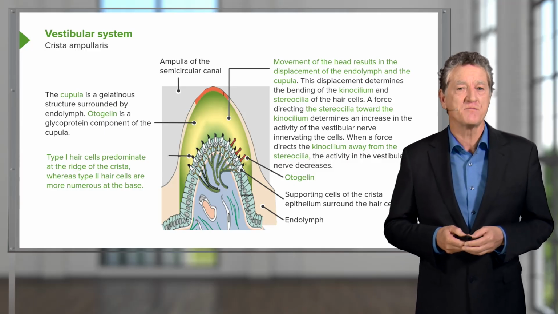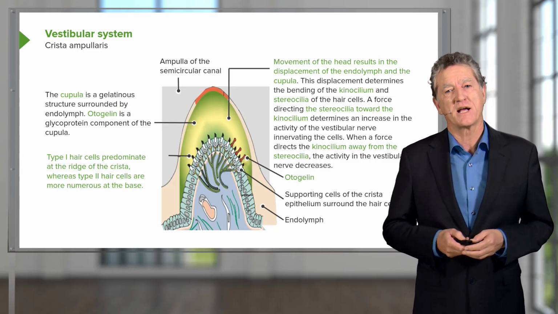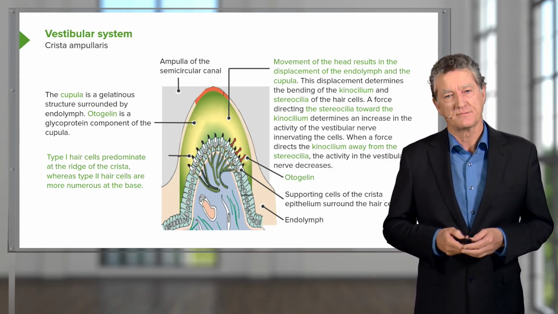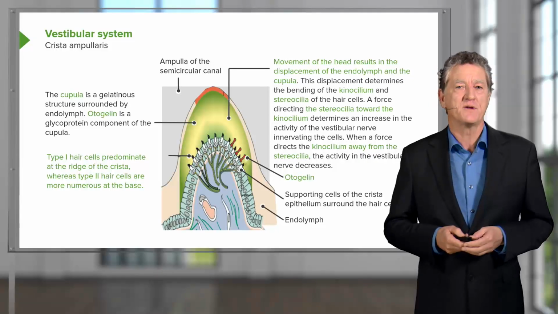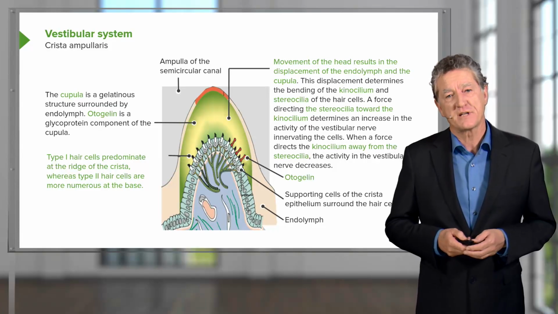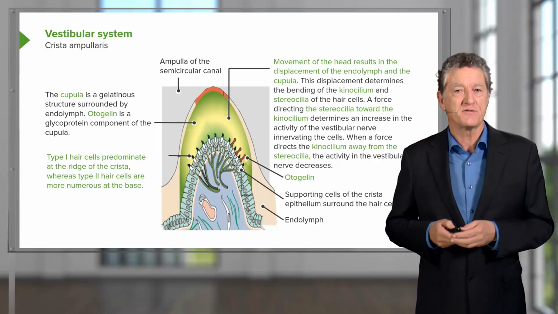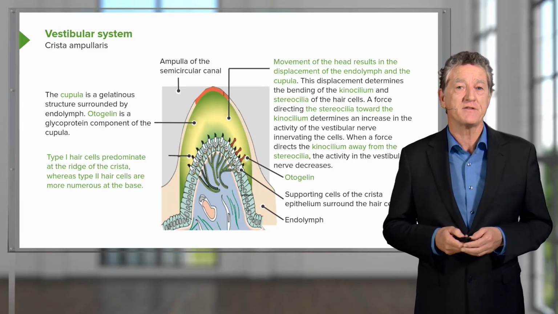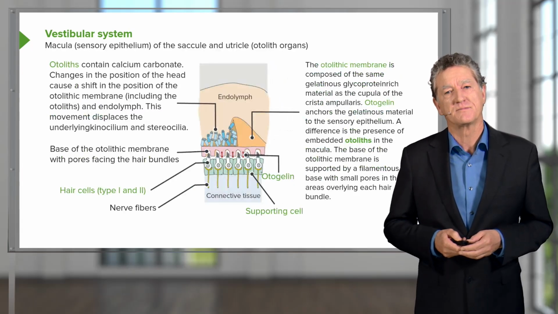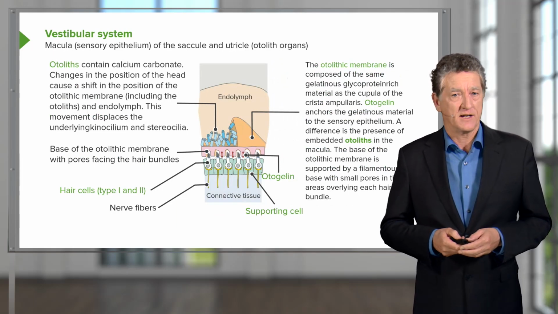And that sends a different message to the brain, as I explained earlier in the lecture. So that movement of endolymph is what stimulates action potentials from these hair cells and gives information about the movement of that fluid and therefore the movement of the head. The macula are very similar.